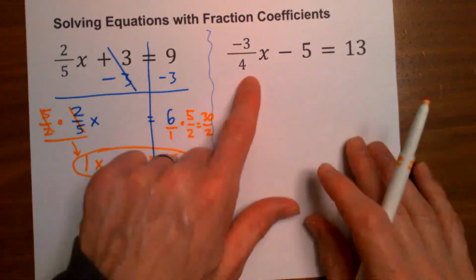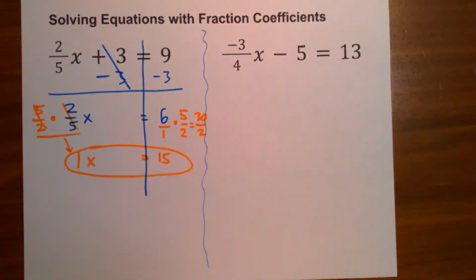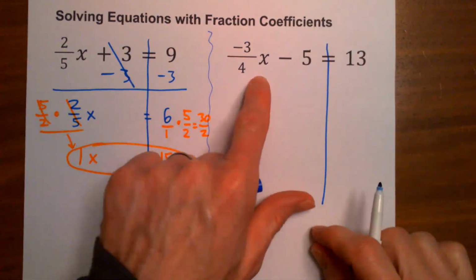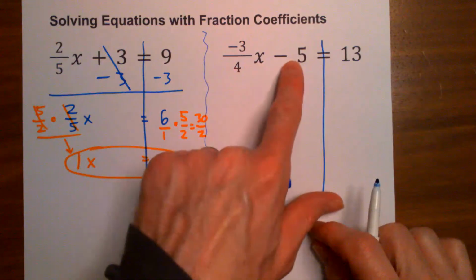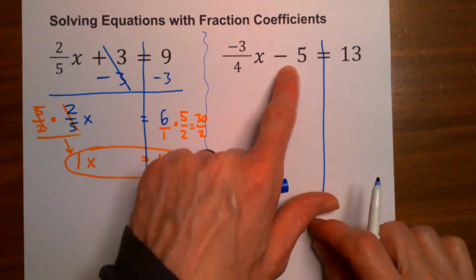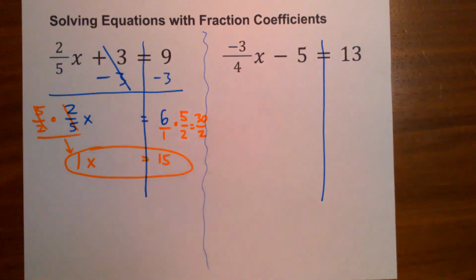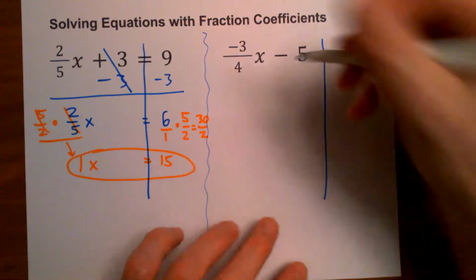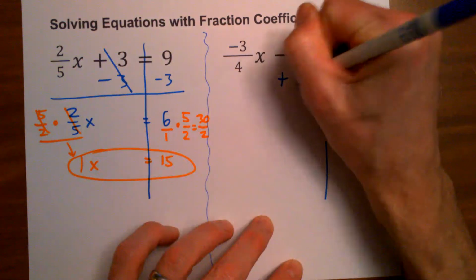How about over here? Does it still work when the fraction is a negative? Let's see. First thing to do is I want to know what this total is without taking away these 5. The mystery number times -3/4 minus 5 equals 13. Well, what if I don't subtract those 5?